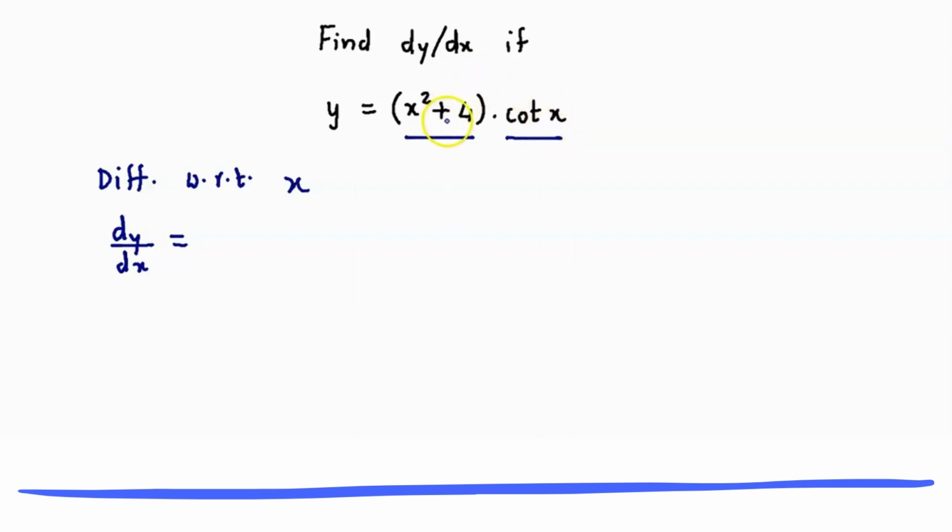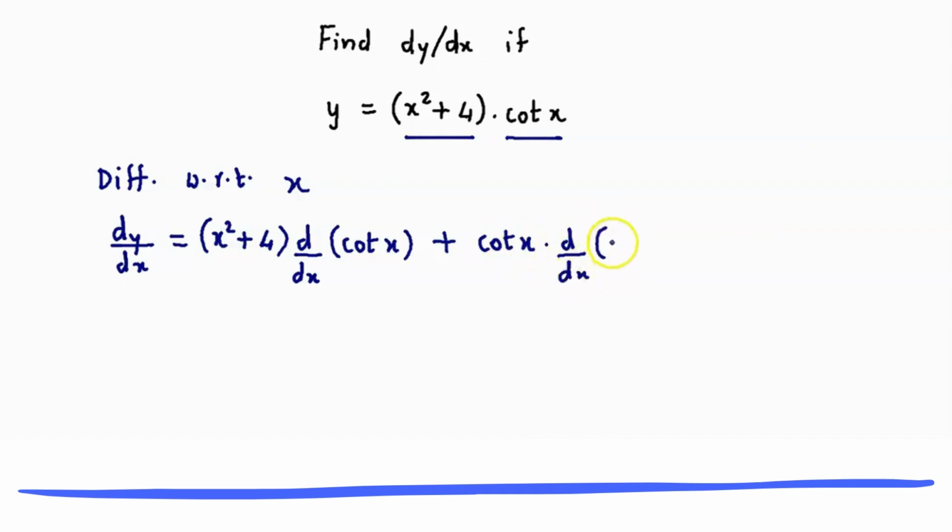So that is what the product rule says. So we have x square plus 4 into derivative of cot x plus cot x into derivative of x square plus 4.